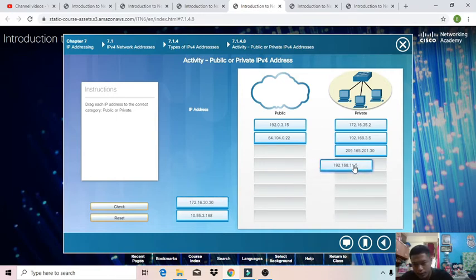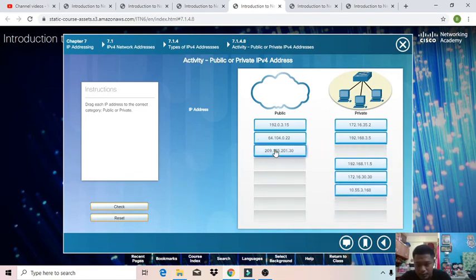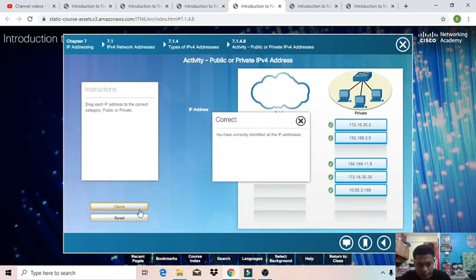So that's private. 172.16.30.30 is private. And the last is 10.55.3.168. I think that is private. So let's check. It's correct.